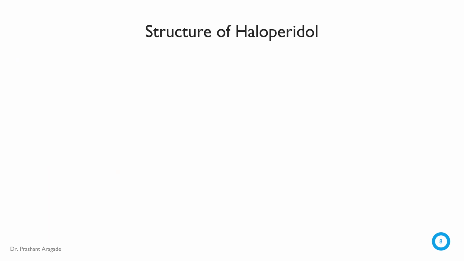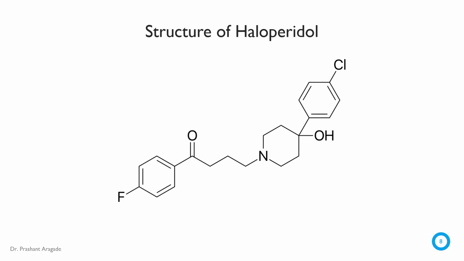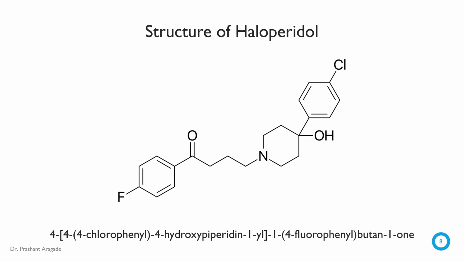So let's see the structure of haloperidol. This is the structure of haloperidol with its IUPAC name. Now, if you look at the structure of haloperidol, you might think about how to draw and remember it.